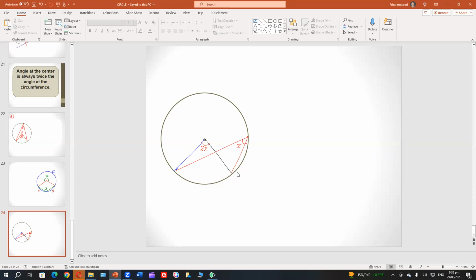Geometry construction. I think it should be 4.3.